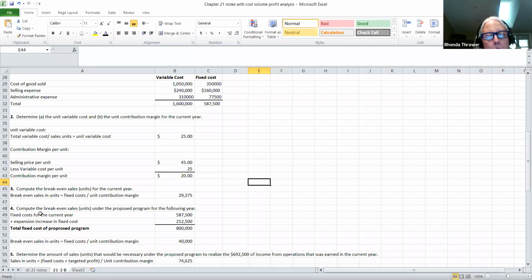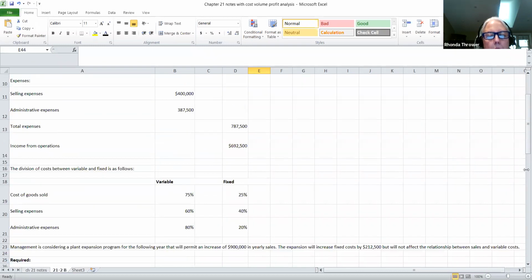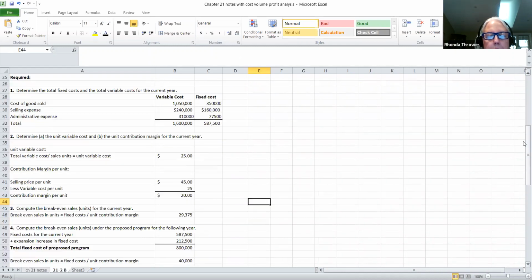In part 4, they want you to determine the break-even sales in units under the proposed program for the following year. So you'll remember that under the proposed program, they said they were going to have an increase in yearly sales, and they're also going to have an increase in fixed cost.